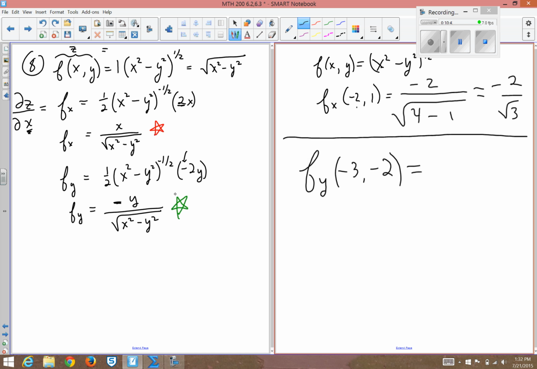That thing with the green next to the green star at this point is negative 2, which is just 2, over the square root of x squared, which this is x, so x squared is 9, minus, that's part of it. After the minus, we put y squared, which is 4, because this number is y. So the final answer there is 2 over radical 5.